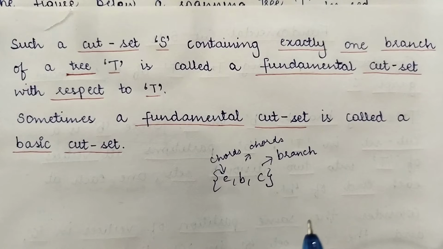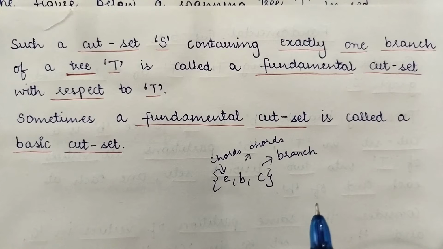So when a branch of the spanning tree is used in forming a cut set of the connected graph, it is possible that only that one branch may form the cut set. And in case more edges are involved apart from that branch, then that branch along with other edges of the connected graph form the cut set.